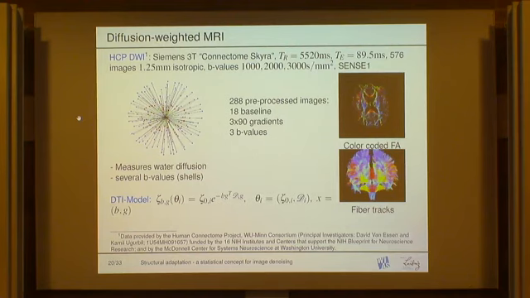Usually that's done with different gradient strengths, which corresponds to different B values. And in each voxel you have a set of measurements in different directions for different gradient strengths. So what you measure is water diffusion.